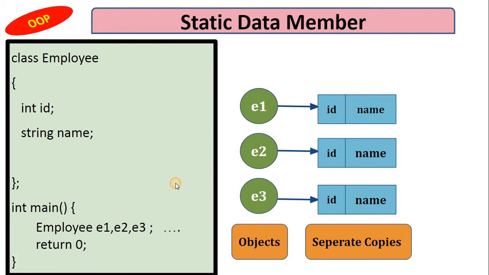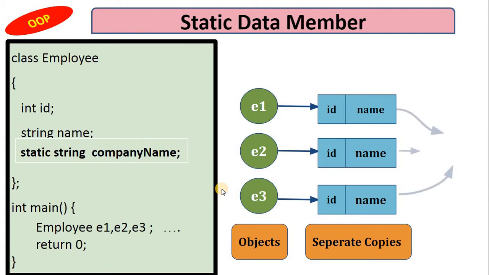Now in this scenario, if we add a static variable, that is a company name, which is also of string data type, but we keep it static, what happens in the memory is only one location is given to company name, and this location is shared by all the objects in common.